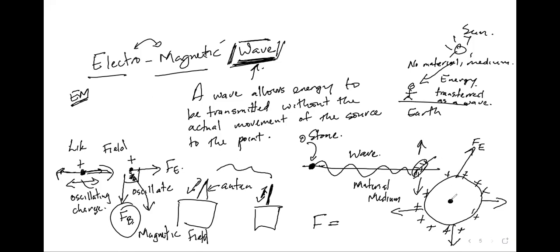Then I'm going to have to find, first of all, an equation for the charge on the surface, or the voltage on the surface. And then I'm going to have to take the cross product to find the vector perpendicular to the surface.